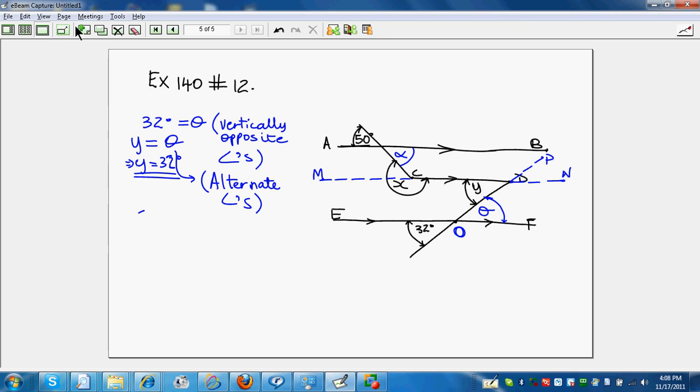So we could write that immediately. 50 degrees is equal to angle alpha. Reason is that they are vertically opposite angles. Right, so 50 degrees equal to alpha because they are vertically opposite.